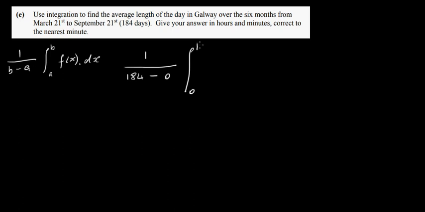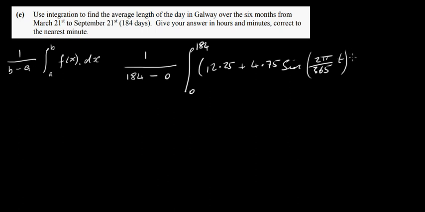So we've got 0 to 184, and now we've got to integrate our function, which is 12.25 plus 4.75 times sine 2 pi over 365t. Okay, so this is what we want to integrate.